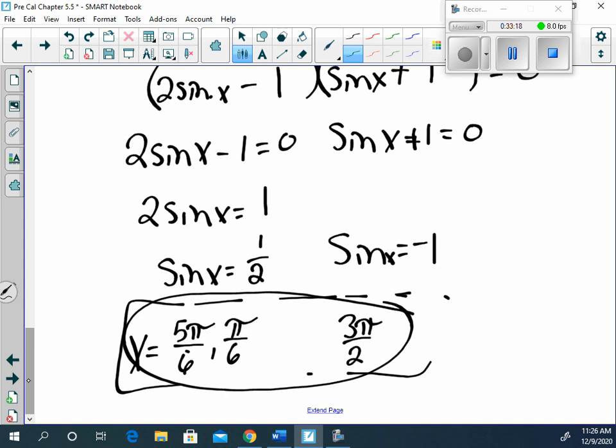So these here are the solutions. So x is equal to pi over 6, pi over 2 and 3 pi over 2, and then 5 pi over 6.